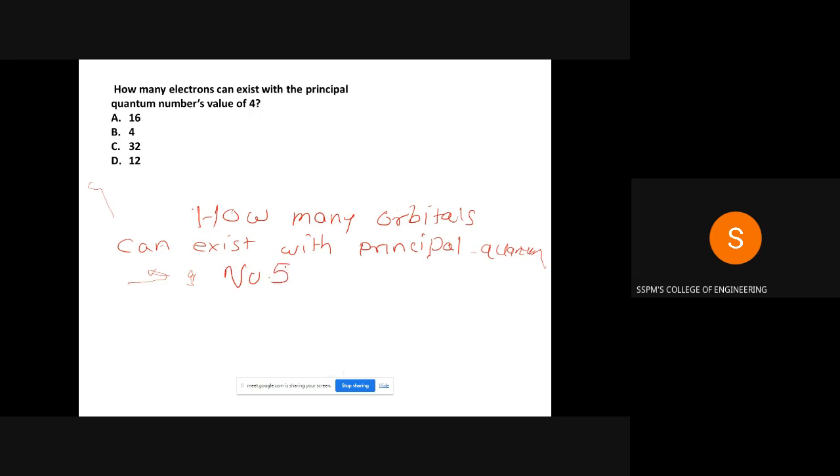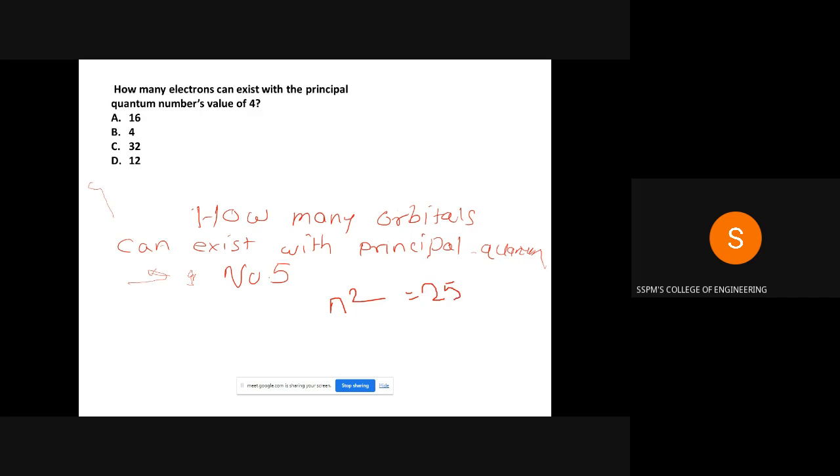So 5 is the principal quantum number and they ask how many orbitals can exist. Orbitals you can find with n square. Number of orbitals is equal to the principal quantum number square, so n is equal to 5 means the answer is 25.